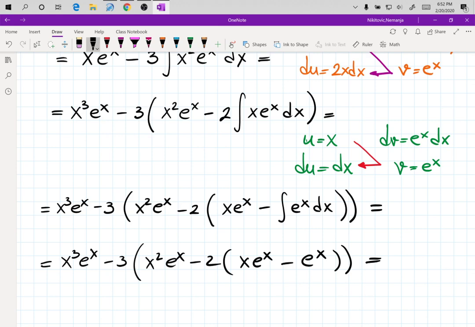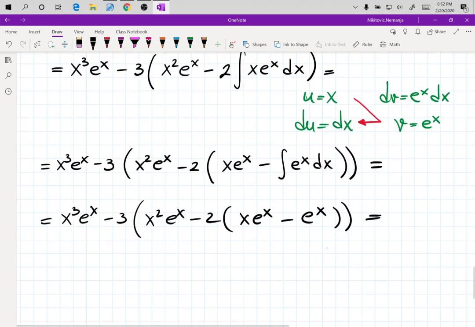Rather than distributing everything, which you could, we can start factoring. If we factor out e to the x, then e to the x will be with 2, and then you will be able to factor out e to the x, it will jump out with the 3, and then you will be able to factor e to the x for the whole problem. And just be left with a polynomial behind.